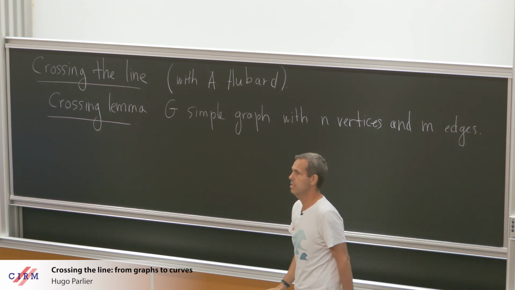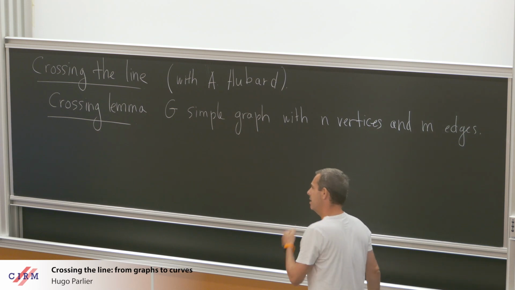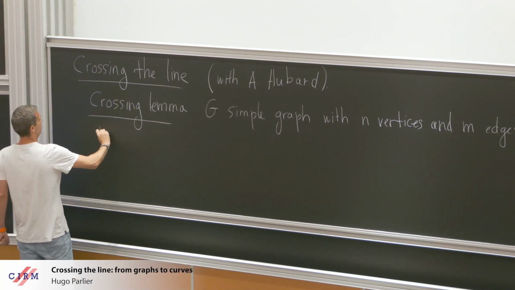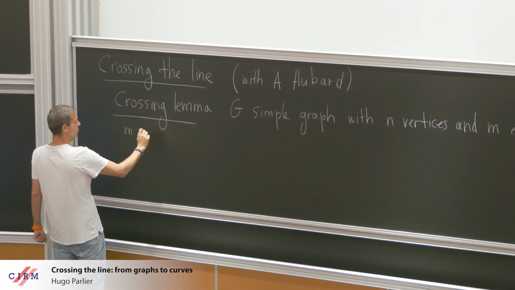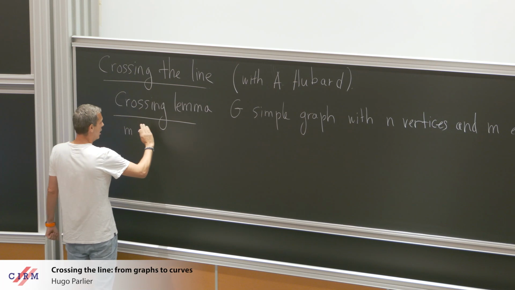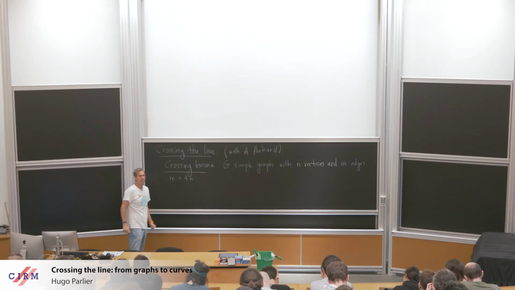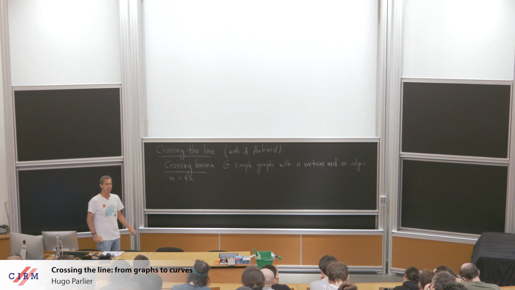All right, so this is our starting point. And the assumption is that the number of edges is larger than the number of vertices. There are different assumptions you can make here; I'm going to write down one like this: the number of edges is larger than 4 times the number of vertices.